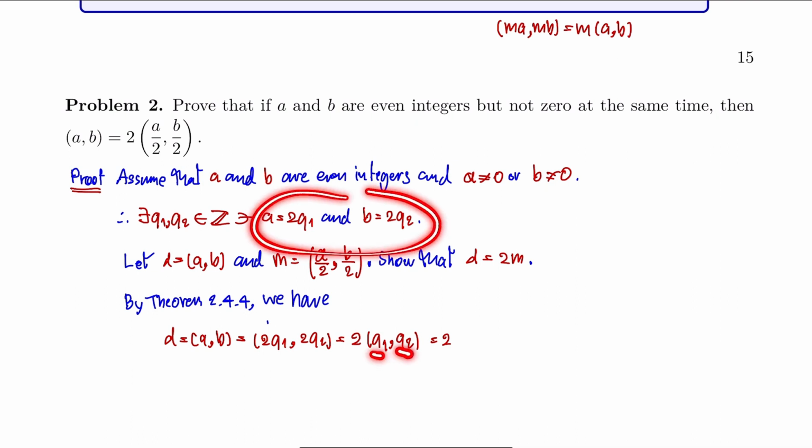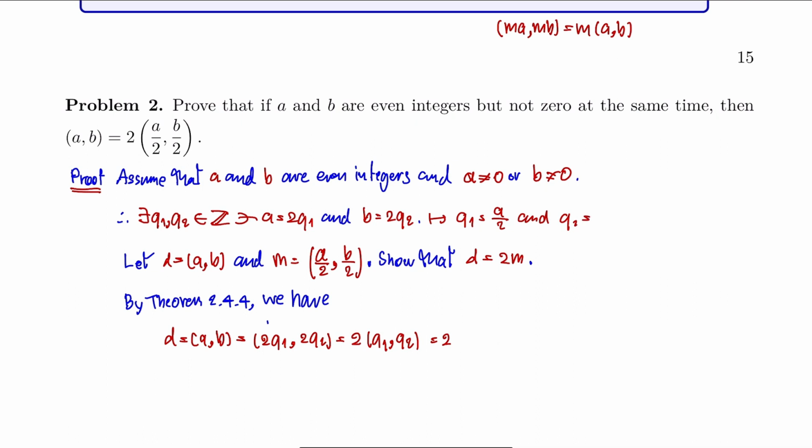Actually from here, q1 is a over 2, and q2 is b over 2. So this turns out to be 2m, right? Okay, it turns out to be 2m.